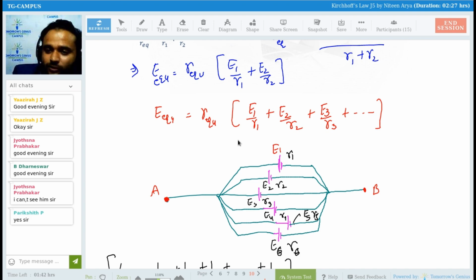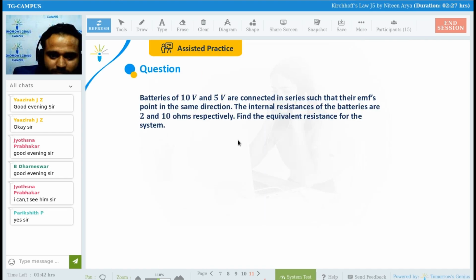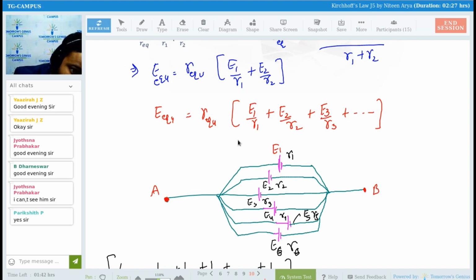Okay. So if you have any question or query till now, you can ask me, because after this we have a question session. See, the simple concept is you need to fix in your mind: in series, current remains the same, voltage gets divided. In parallel, voltage remains the same, current gets divided.